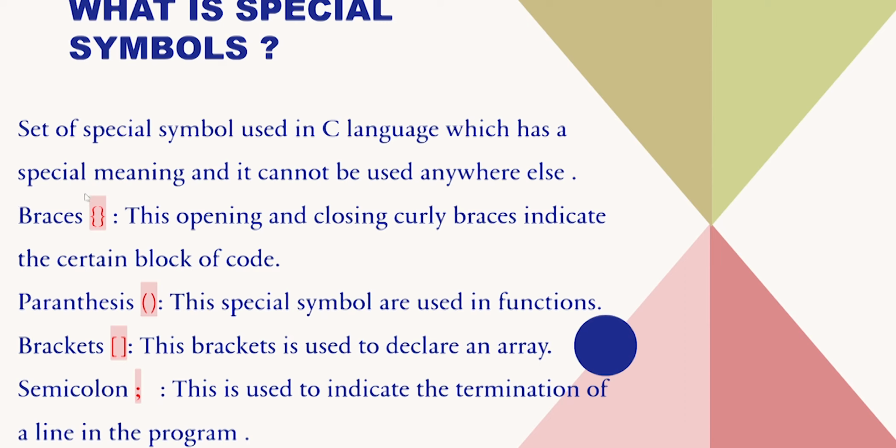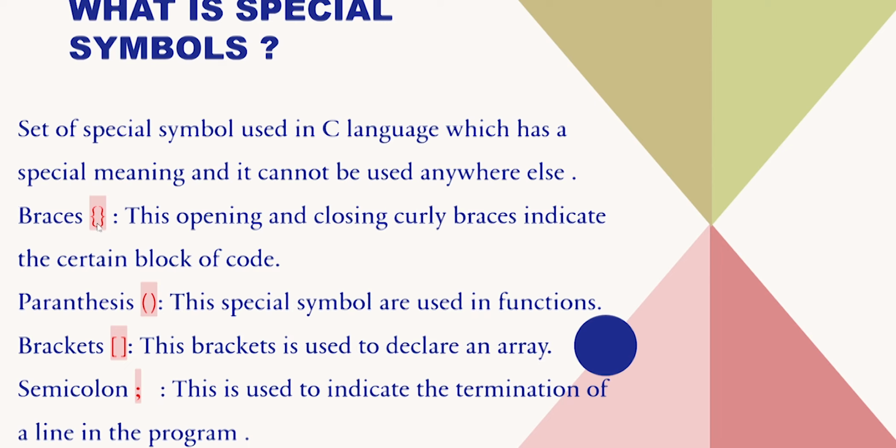The symbols used frequently are braces, represented by curly open and closed braces, parentheses, represented by open and closed parentheses, brackets, represented by square brackets, and semicolon. All these symbols have a particular meaning.